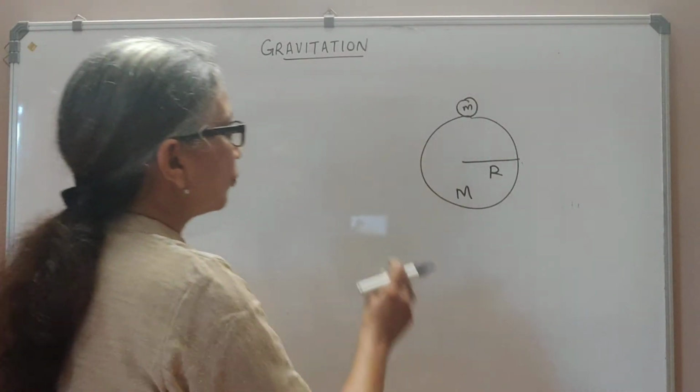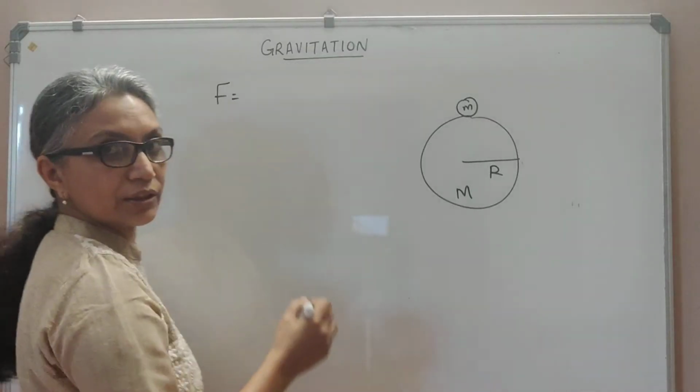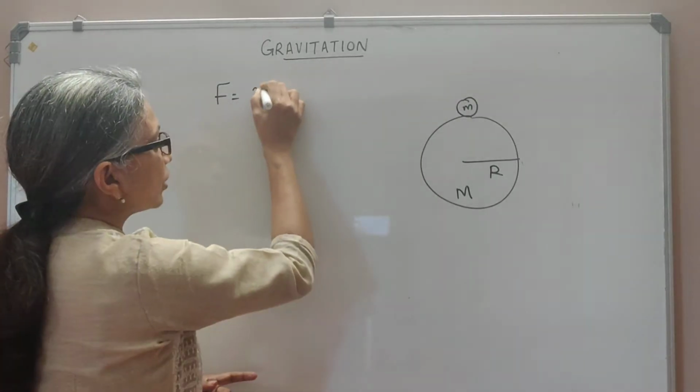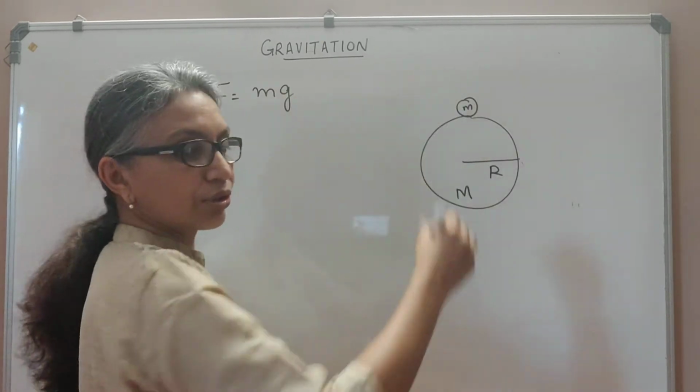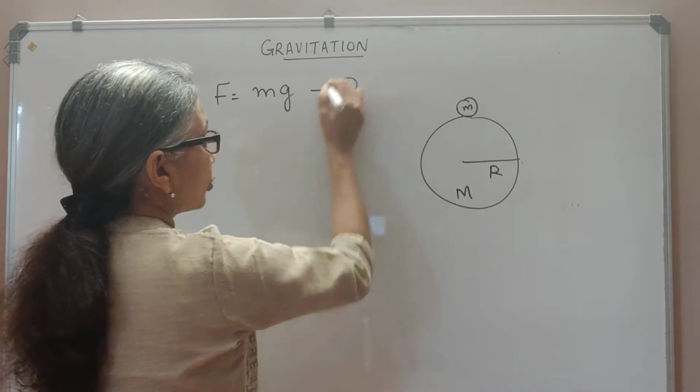The force acting on this body is mass into acceleration, and this acceleration is what we call the acceleration due to gravity, the acceleration towards the earth. Let that be the first equation.